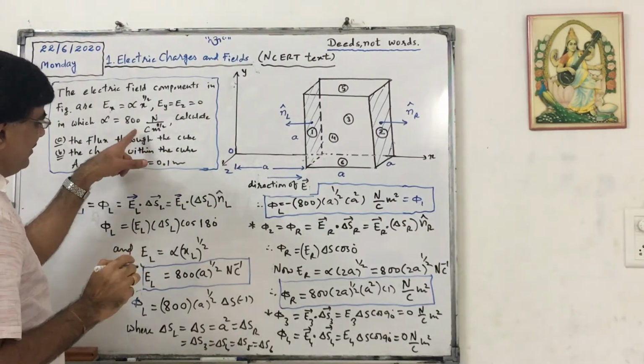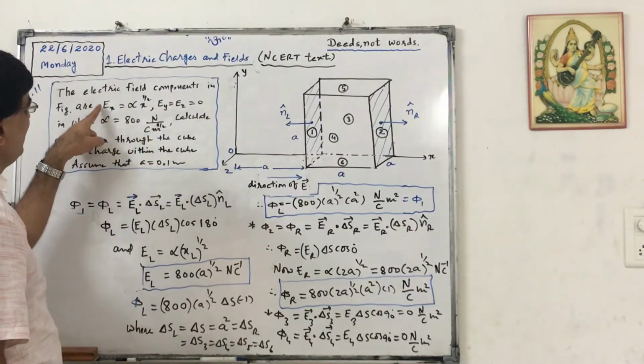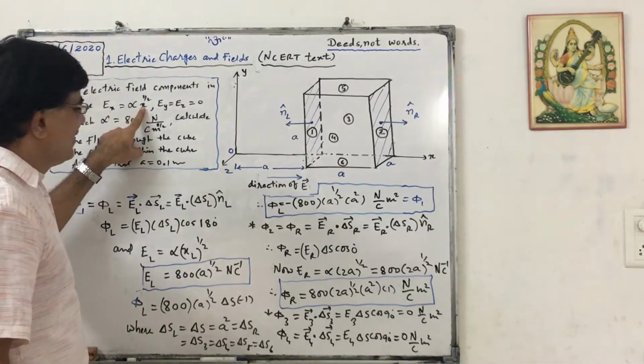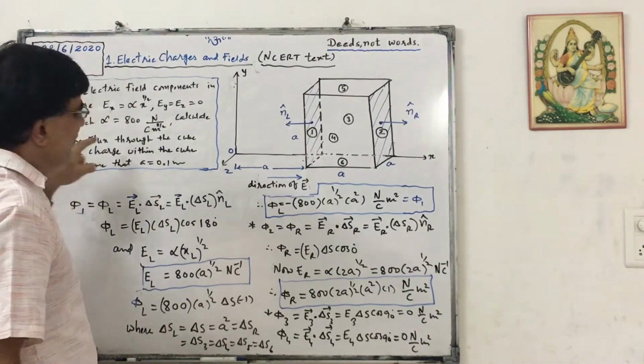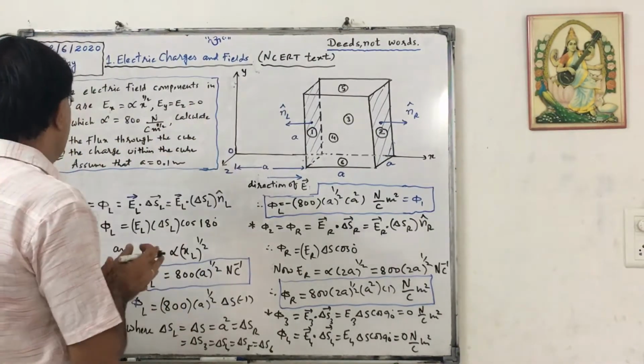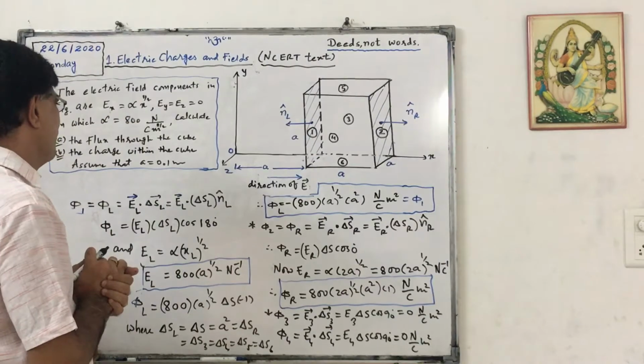Why is the unit such? Because Ex has unit Newton per Coulomb and x is in meter, so per meter raised to 1 upon 2. Calculate the flux through the cube and the charge within the cube.